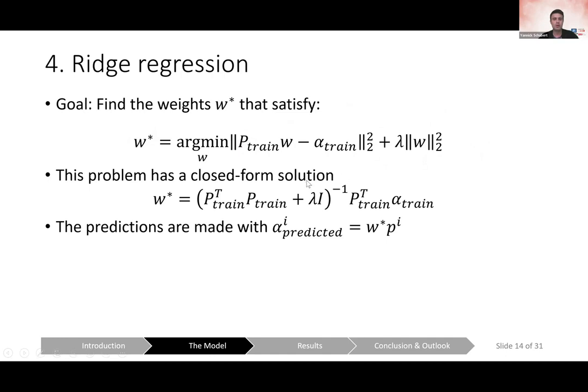And it is well known that this has a closed form solution given here. And as soon as the model has seen enough data to accurately compute this optimal weight matrix, you can make the predictions via a simple scalar product of the optimal weight matrix with the new power spectra vector.